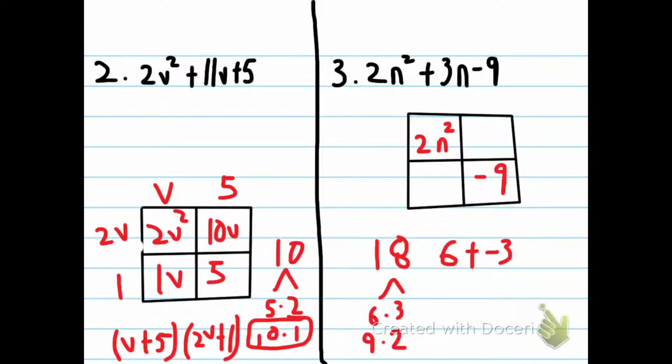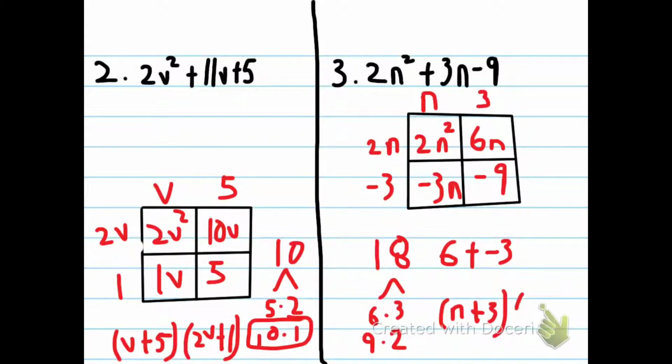So 6n and then a negative 3n. So these both have a 2n in common. So your answer is n plus 3 and 2n minus 3.